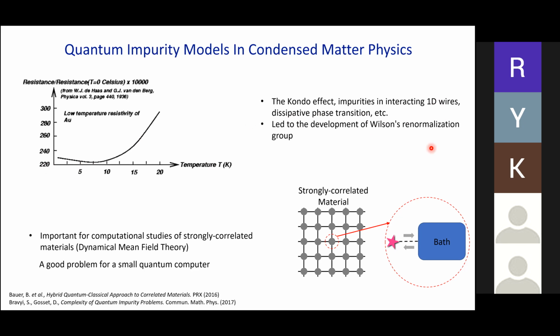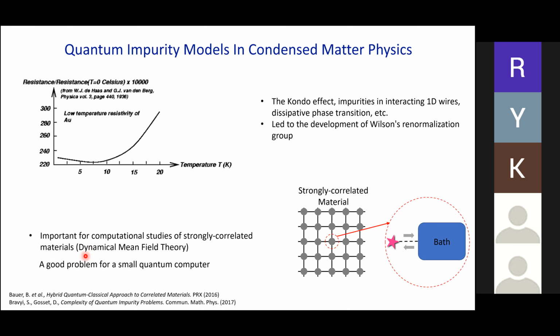Another useful aspect of quantum impurity models is that they are employed in dynamical mean field theory, which is a tool used to simulate strongly correlated materials, where the impurity is basically a lattice unit in the material. For that reason, quantum impurity problems are believed to be a good problem for small quantum computers.